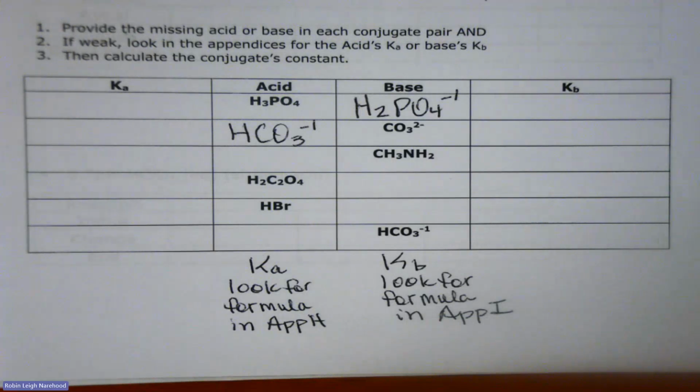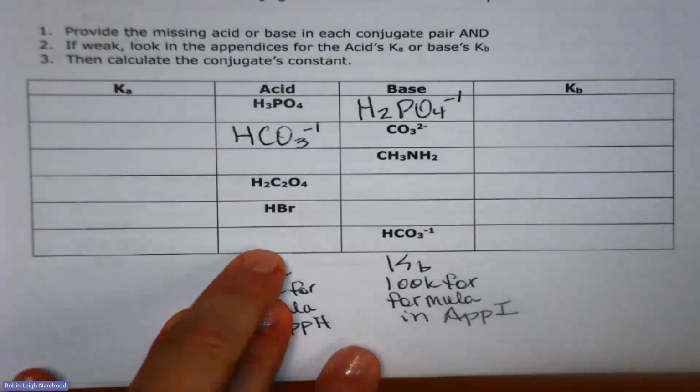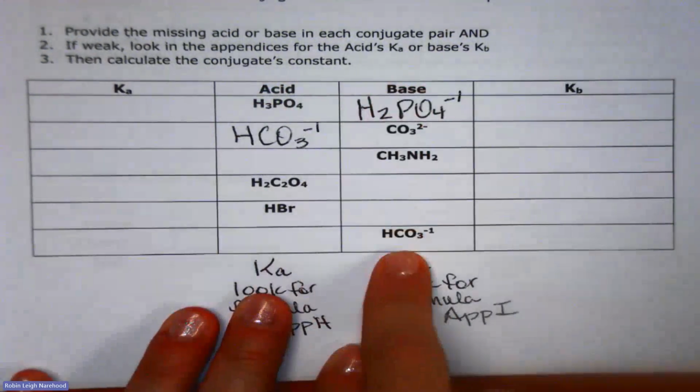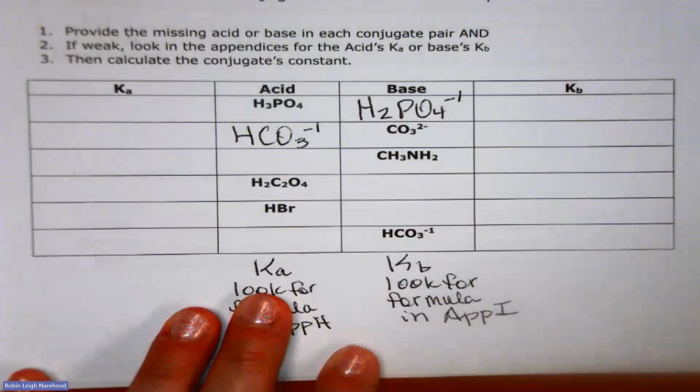So for every one of these that is weak, you should be able to find either the acid's Ka or the base's Kb. And as a reminder, are any ions in the base chart? Is hardly anything in our base appendix?